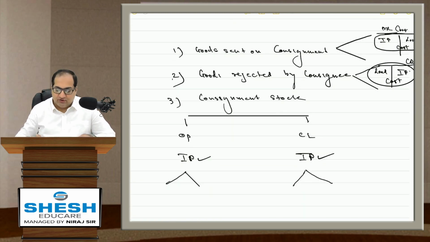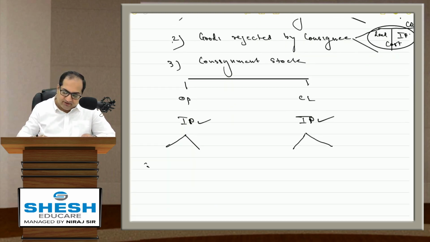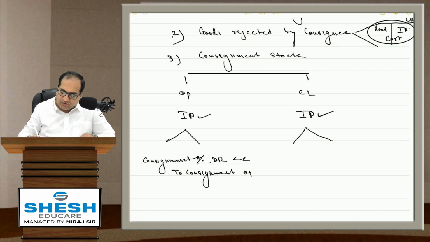Now consignment opening stock. For consignment opening stock, my first entry is consignment account debit to consignment opening stock account. This is at invoice price.